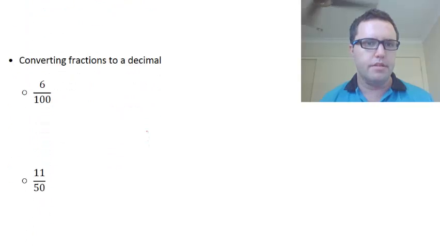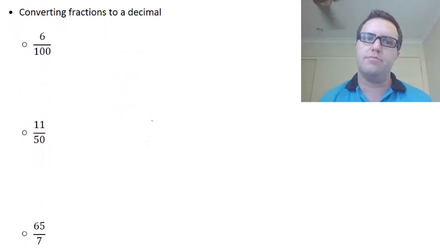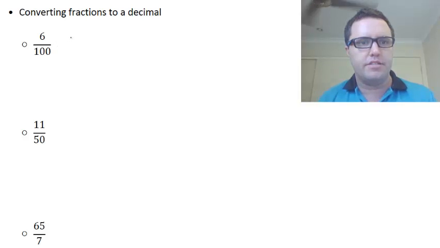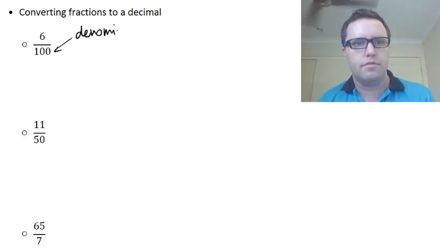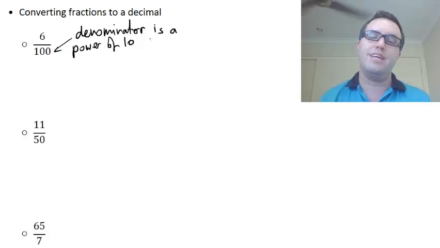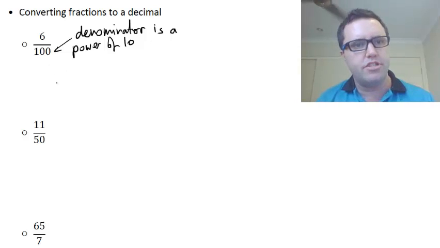Okay, converting fractions to a decimal. This is pretty easy as well in some instances. When you've got a fraction where the denominator is a power of 10, set it up as a division and carry it out.